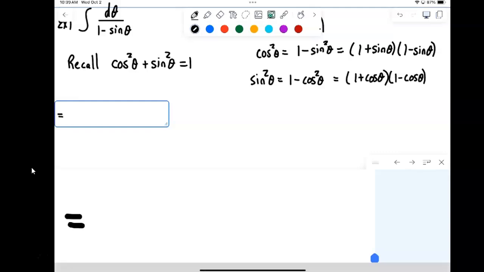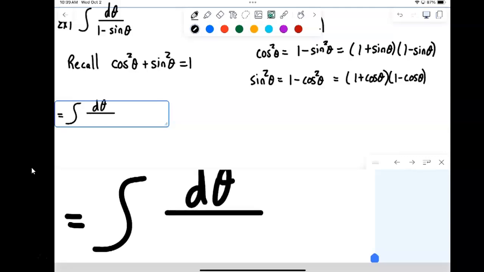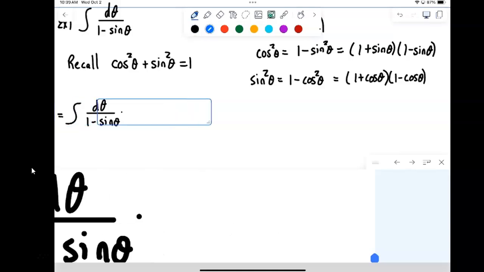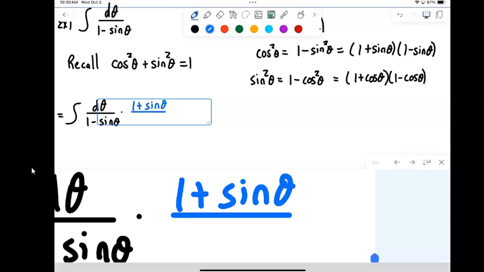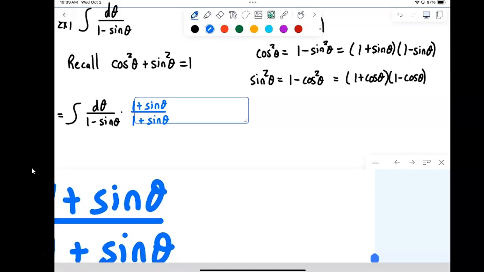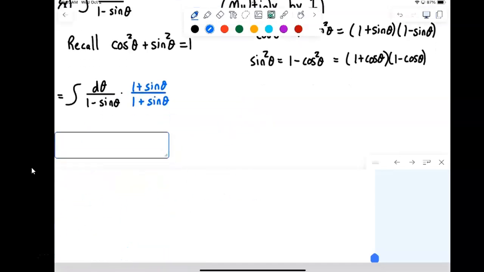So in this case, our d theta over 1 minus sine theta, we're going to multiply both top and bottom by 1 plus sine theta. So we're going to use this common idea to transform the way this looks.